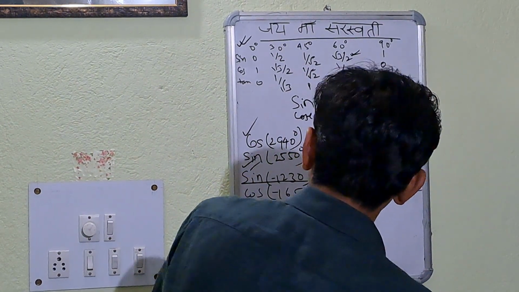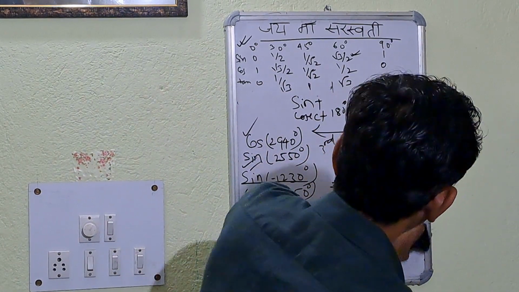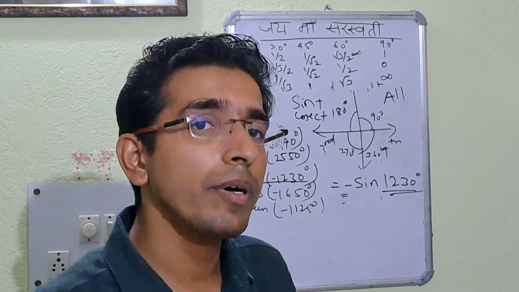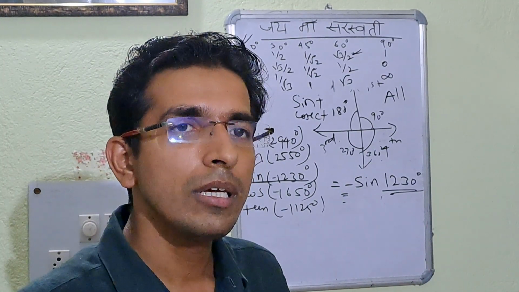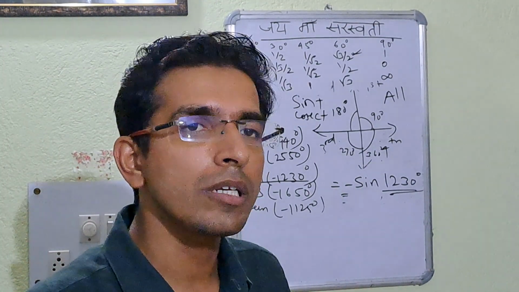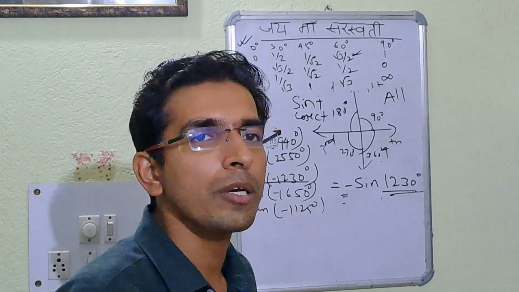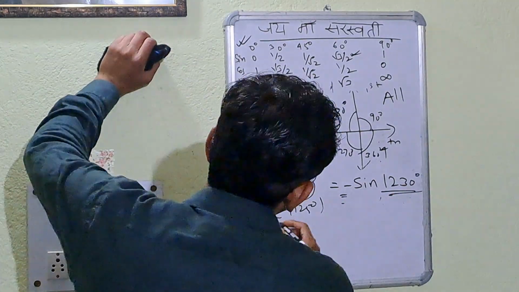I had already told you, whenever the angle crosses the magnitude of 2000, in that case we will be dividing that particular angle with 360 degree, and whenever the value of angle is less than 2000, or up to 1000, in that case we will be dividing that particular angle with the help of 4. So minus sine of 1230 degree.